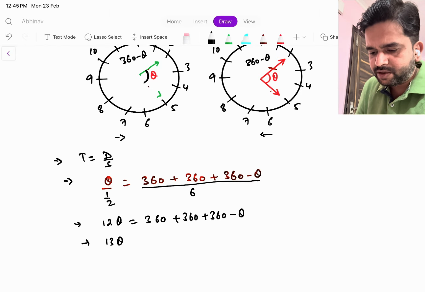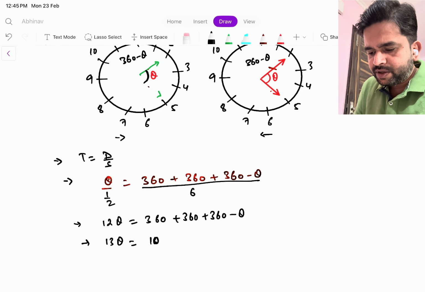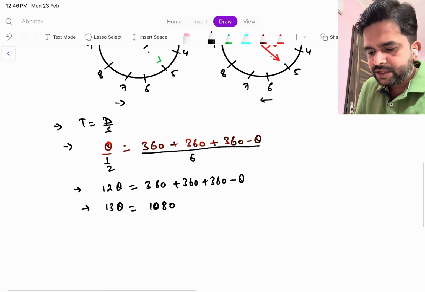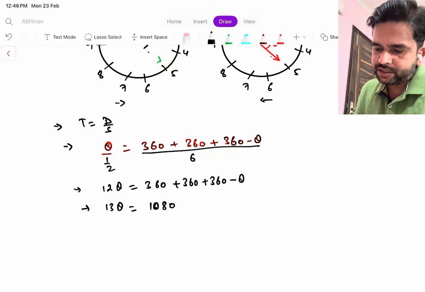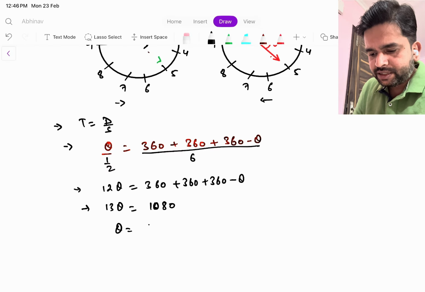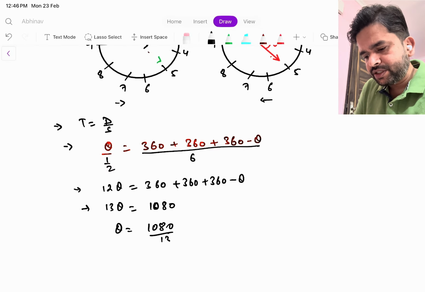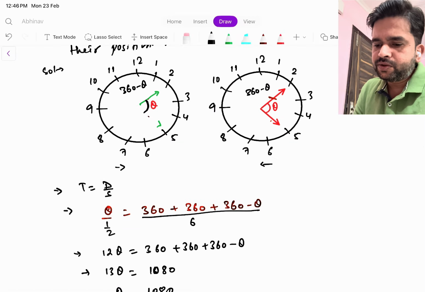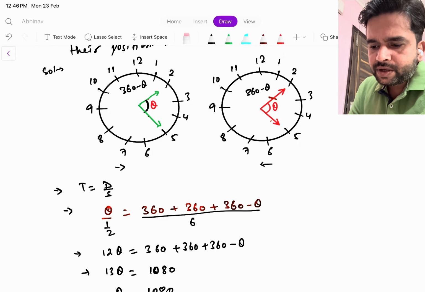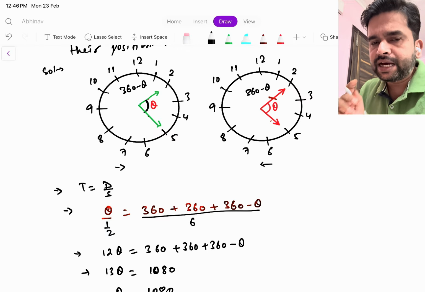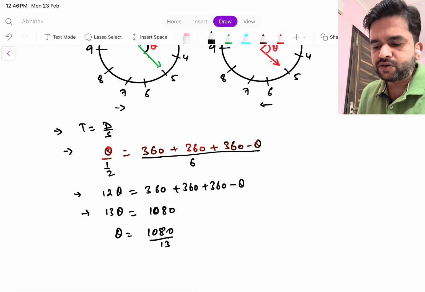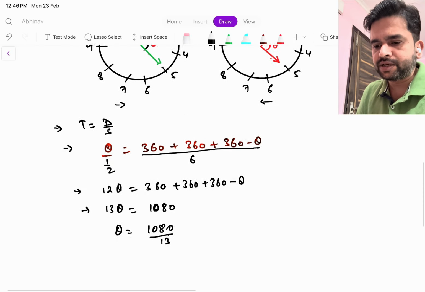This minus theta will come on this side, so 13 theta is equal to 1080. So my theta angle comes out as 1080 by 13. So this was my approximate time, and theta in this scenario is equal to 1080 upon 13.